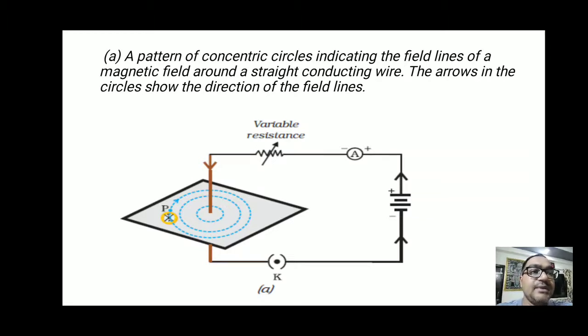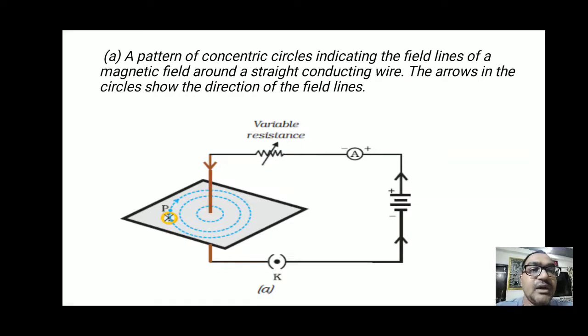Students, in chapter number 12 we learned the direction of current in a circuit. Current starts from the positive terminal and reaches the negative terminal, from the positive terminal of the battery to the negative terminal. Here you can see that current passes from the positive terminal, then through the ammeter, then the rheostat, then the copper wire. So current is coming from up to downward direction in the straight copper wire.